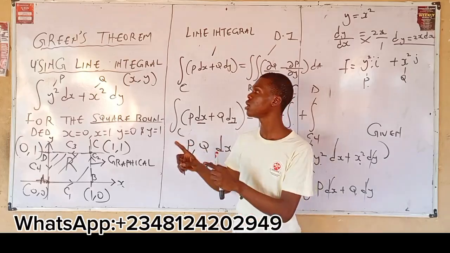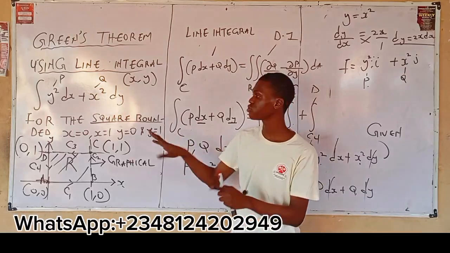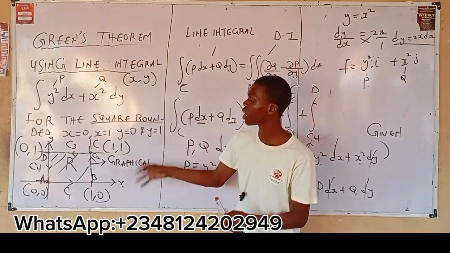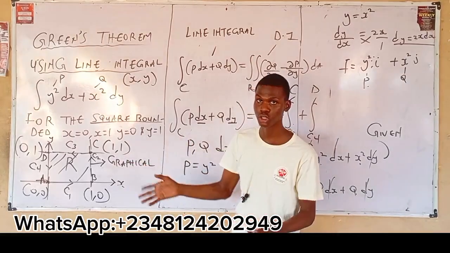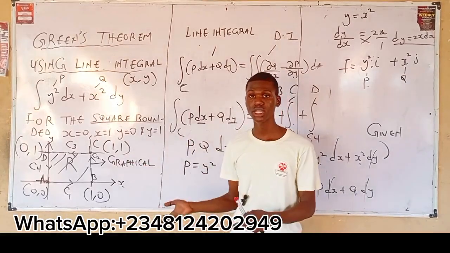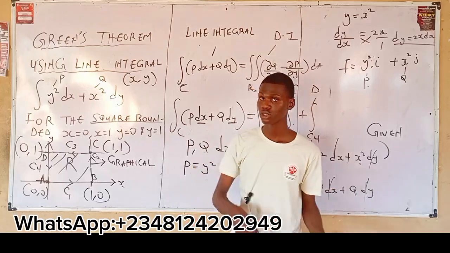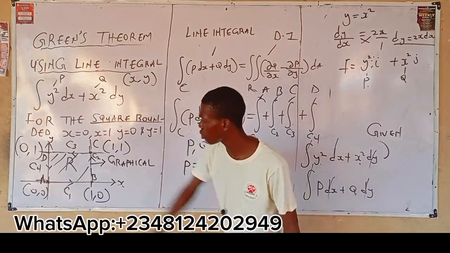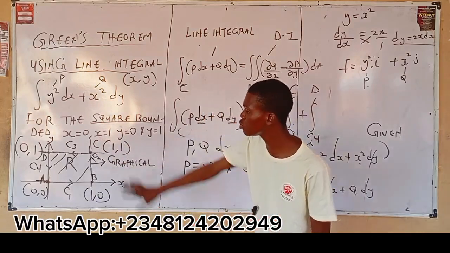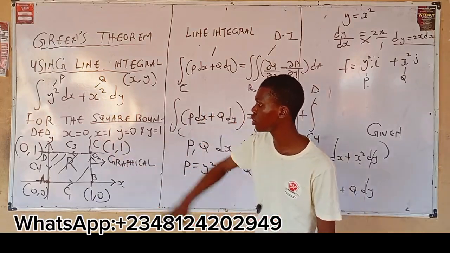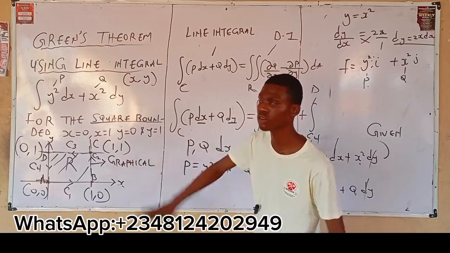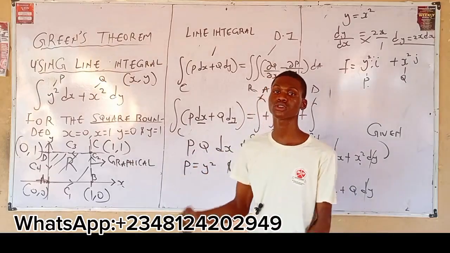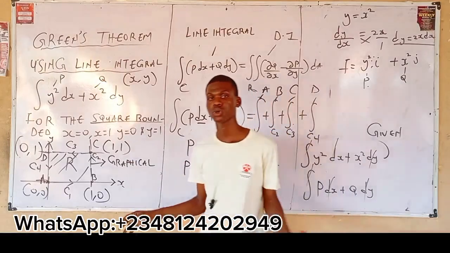We already solved the parameterization approach using the triangle curve, and we also made use of the shortcut approach. We've done that. It's not actually called the shortcut. Looking at your curve, you'll be able to estimate and know the function of x and the function of y. So that's why we say it is the shortcut approach. That's how it works.